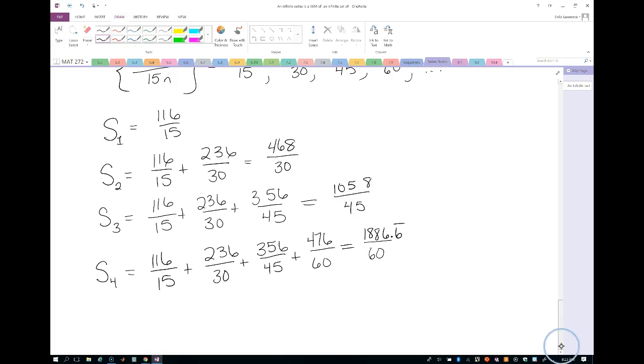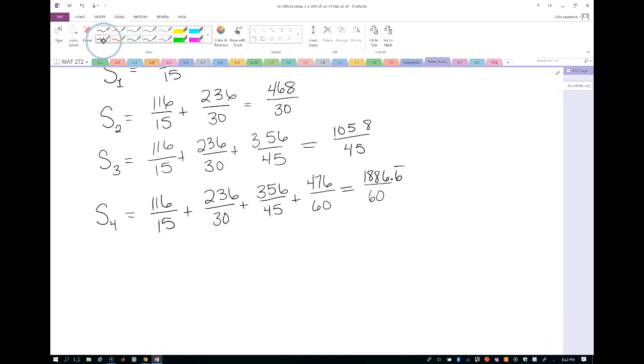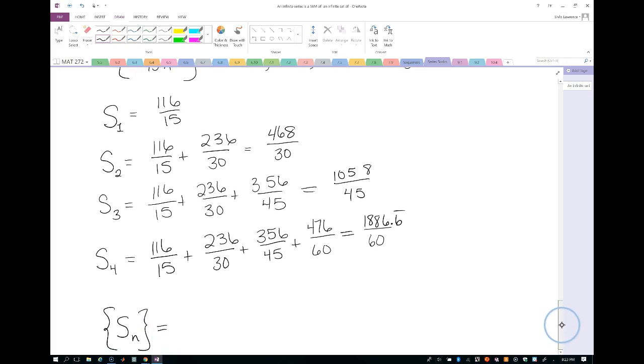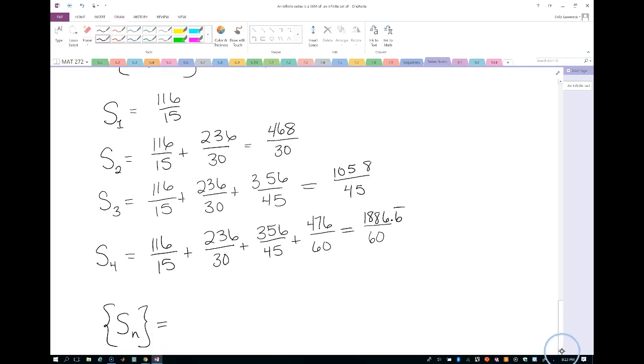What I'm going to do instead, when I write out the terms of my sequence of partial sums, I'm going to write them out as decimals. And I'm going to show you why I know this sequence or this sum is going to diverge. 116 divided by 15 is 7.73 repeating.